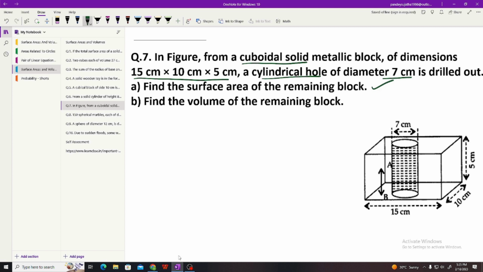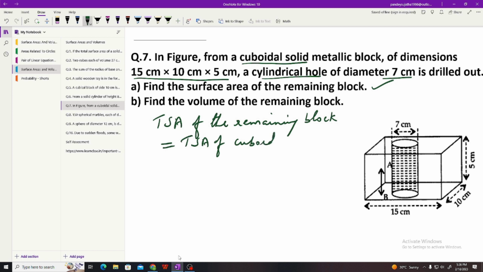So to find the surface area of the remaining block, total surface area of the remaining block will be equal to the total surface area of cuboid minus, from this we are going to subtract this area which is being drilled out.